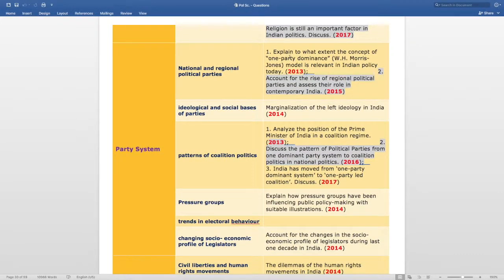The next topic is party system. The questions from its subtopic, national and regional political parties, are: explain to what extent the concept of one party dominance, W.H. Morris Jones' model, is relevant in Indian polity today. Asked in 2013.